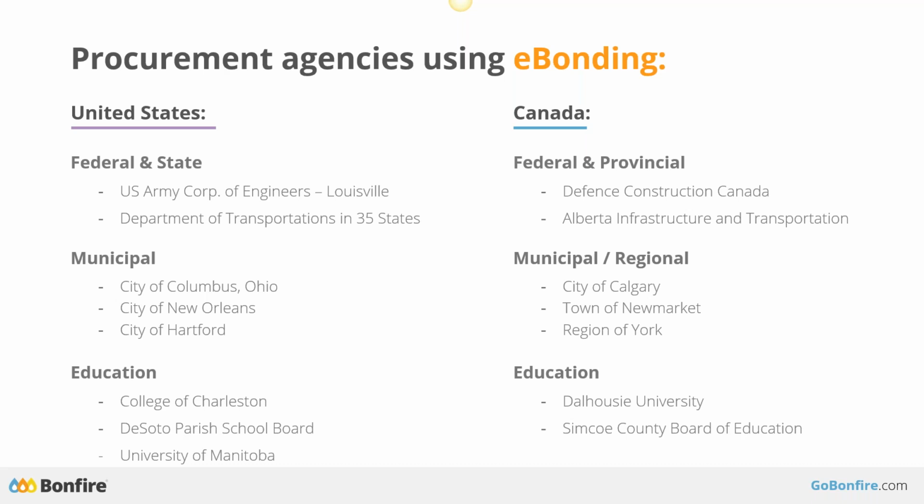This list is growing in Canada dramatically, just as they adopt the Bonfire platform and start using the e-bonds. And I think in the US, that is coming along as well, and will even more so given the pandemic. So just to give you a quick cross section.